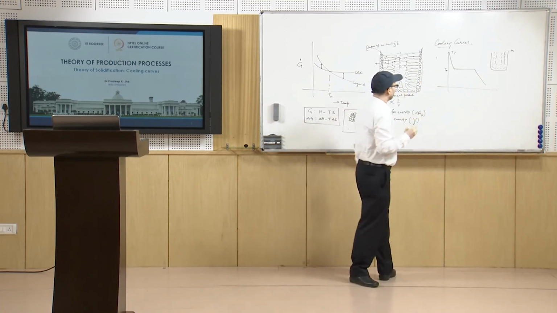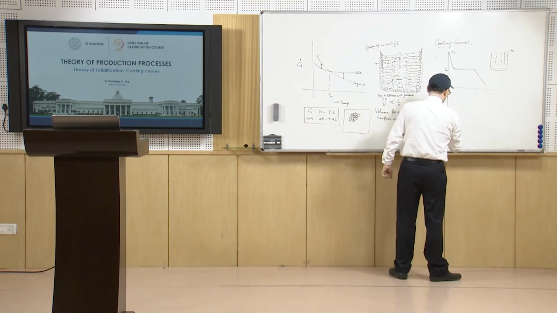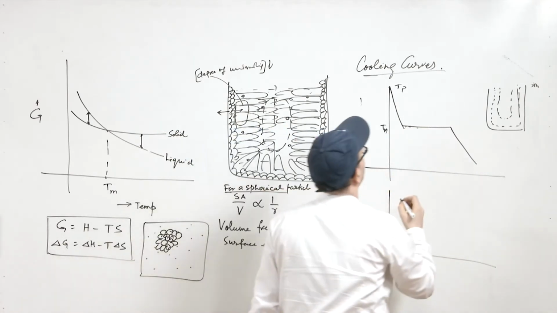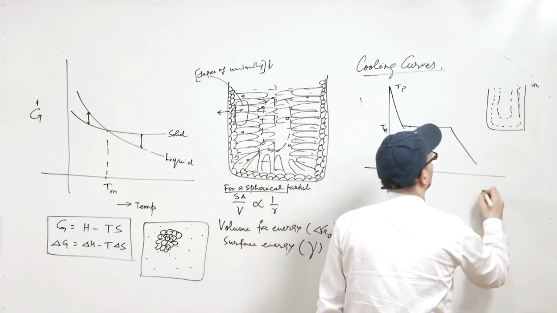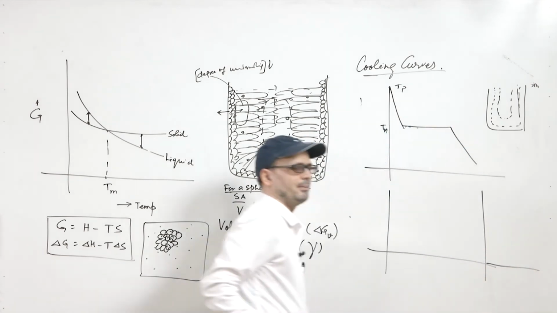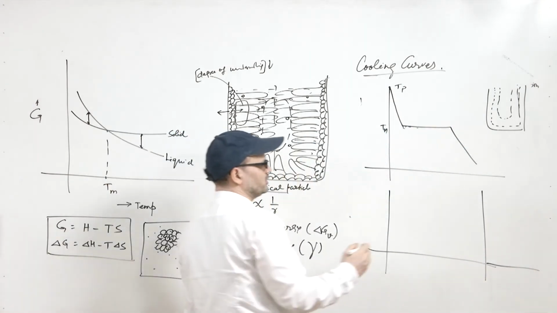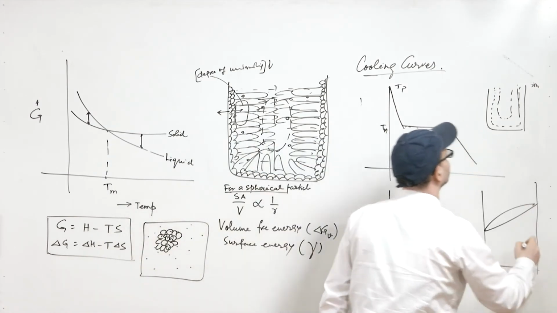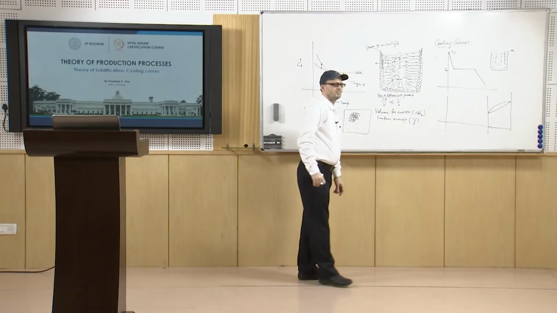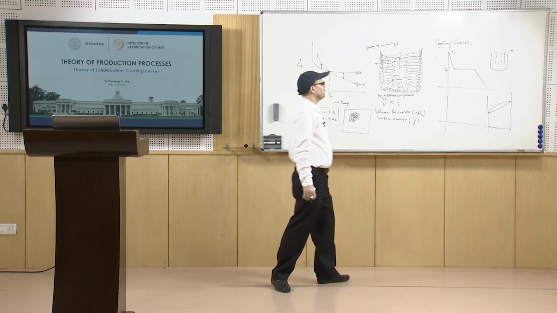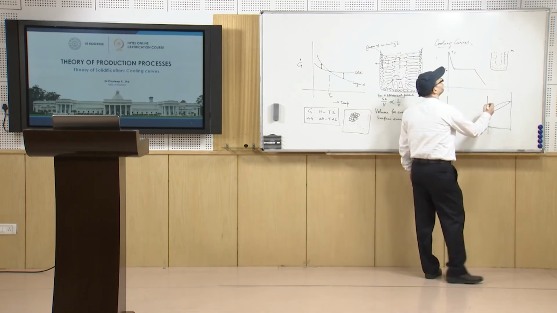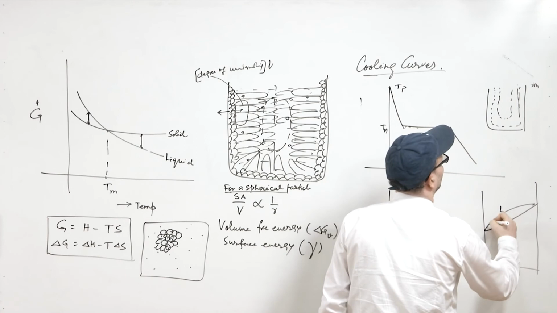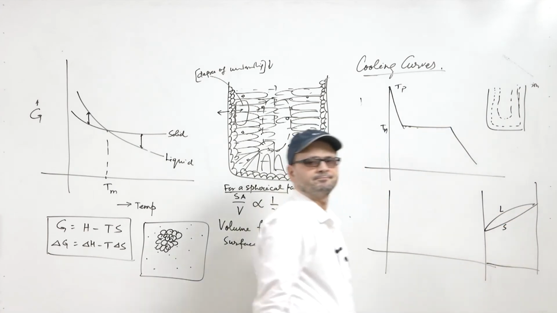Now, in the case of alloys, when solidification starts, as you see in the phase diagram for typical alloys, this is the liquidus line and this is the solidus line.